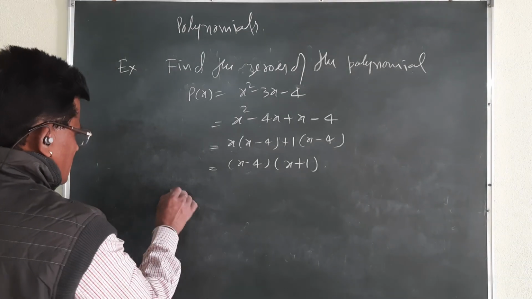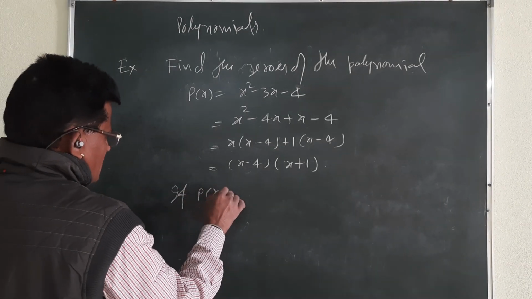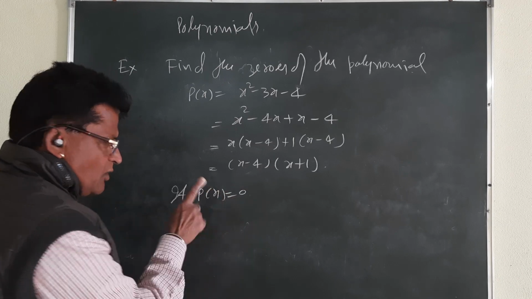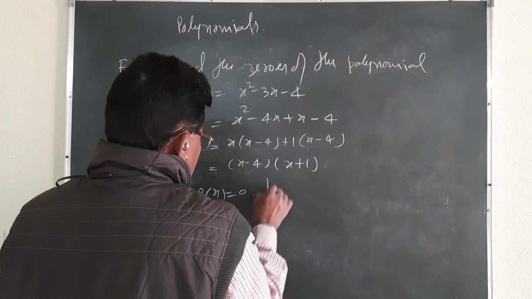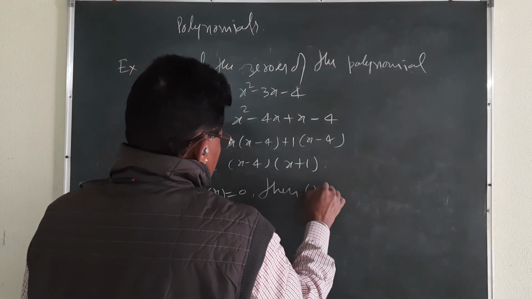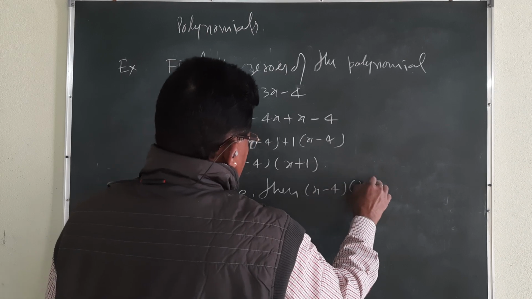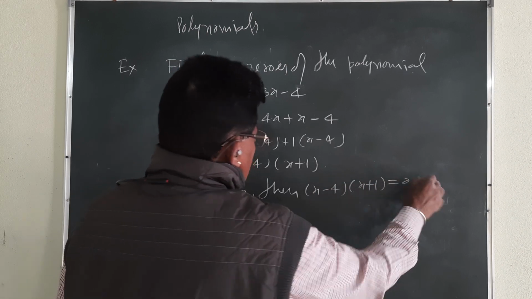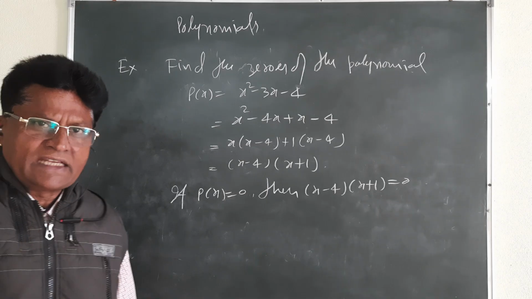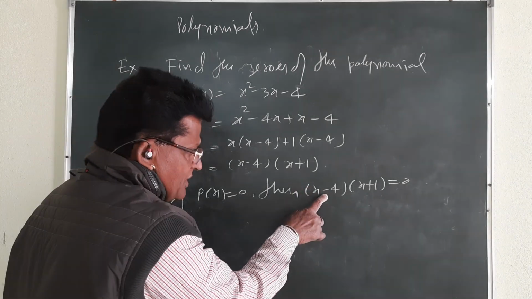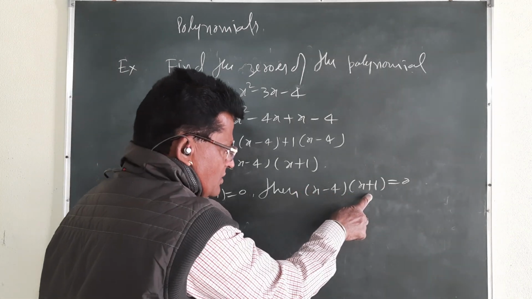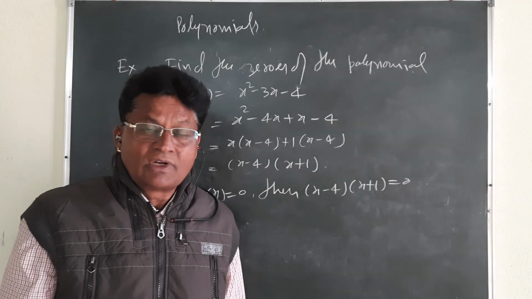If p(x) is equal to 0, because only then can you find the zero. Then what will happen? (x minus 4)(x plus 1) will be equal to 0. There will be two cases. Either this one will be equal to 0 or this one will be equal to 0. Then only their product will be equal to 0.